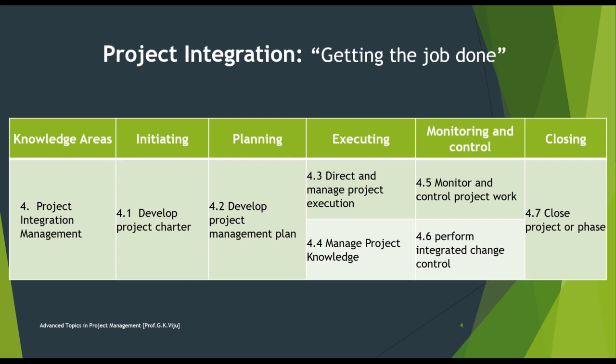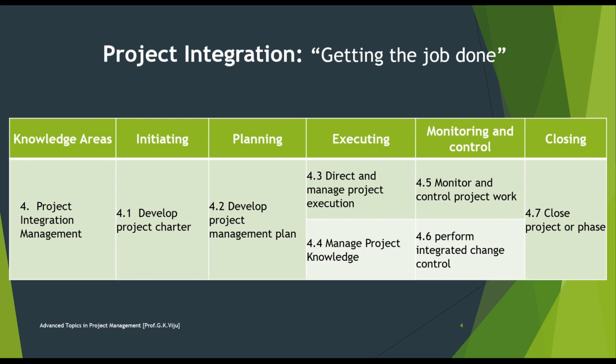This particular PMBOK knowledge area touches on the 5 phases of the project, that is initiation, planning, execution, monitoring and control, as well as closing. Starting from scheduling tasks, purchasing tasks, replacing team members, addressing risk and rescheduling tasks, everything is covered under this particular area.